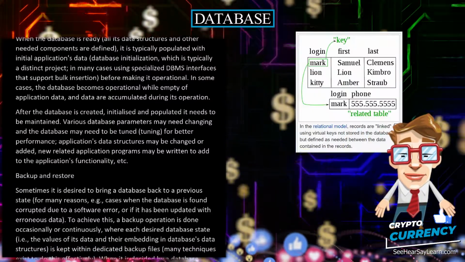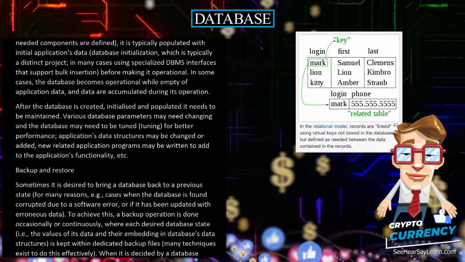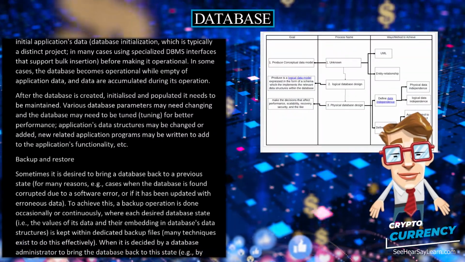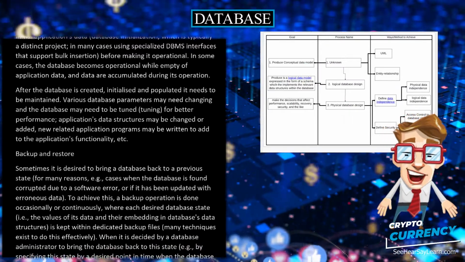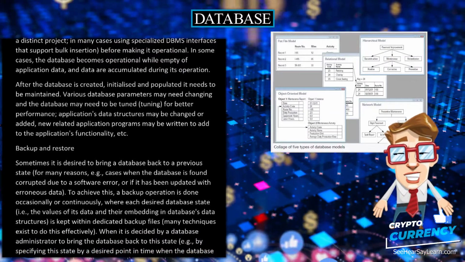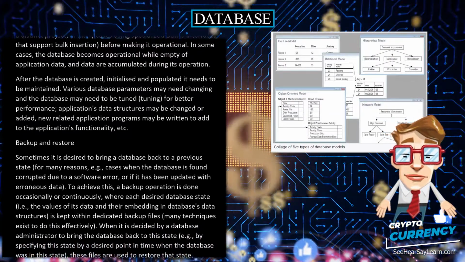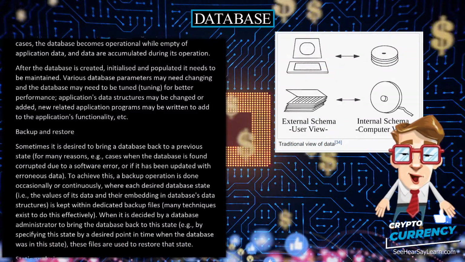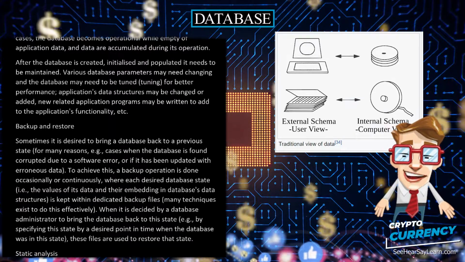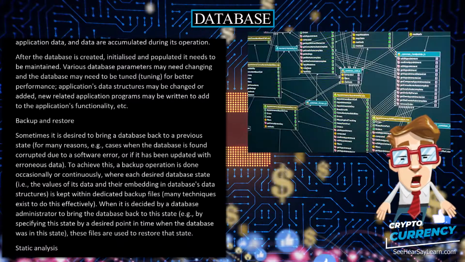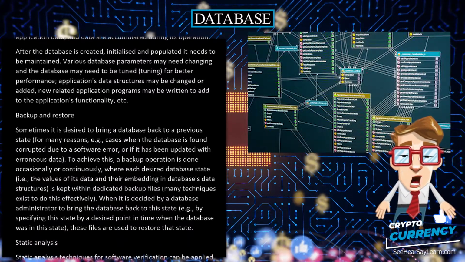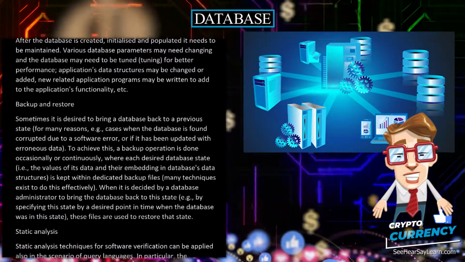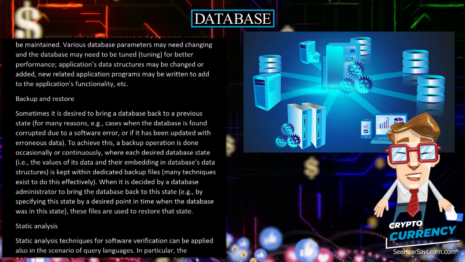Backup and restore. Sometimes it is desired to bring a database back to a previous state, for many reasons, for example, cases when the database is found corrupted due to a software error, or if it has been updated with erroneous data. To achieve this, a backup operation is done occasionally or continuously, where each desired database state, i.e., the values of its data and their embedding in database's data structures, is kept within dedicated backup files.